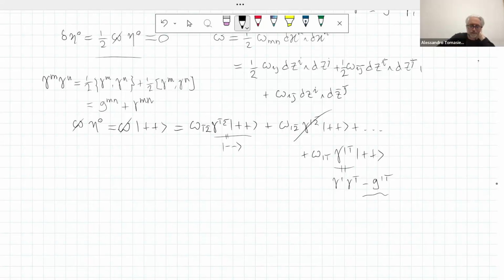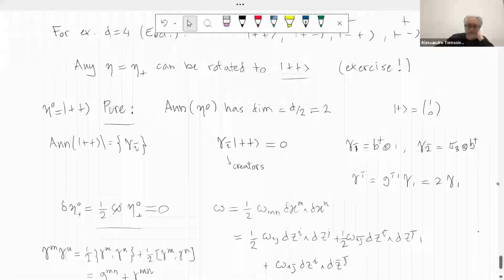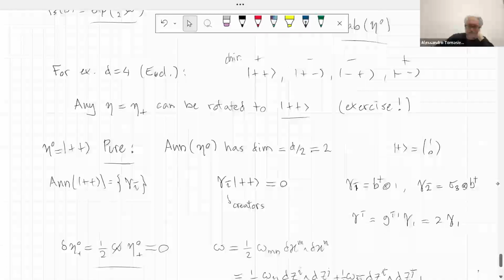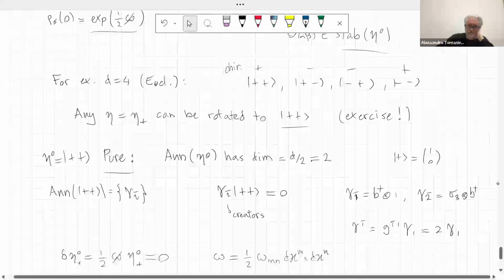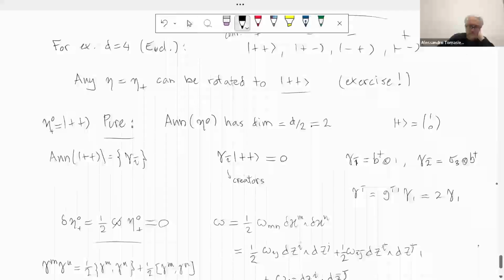So basically, what you can say is that I called it theta 0, but let me call it theta 0 plus. After all, we have to remember that it is of positive chirality. Okay, here's our example.